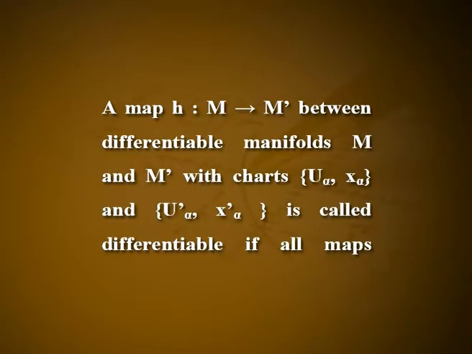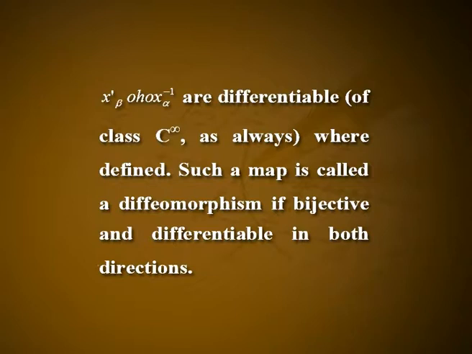Next definition, a map H from M to M' between differentiable manifolds M and M' with charts (U alpha, x alpha) and (U alpha', x alpha') is called differentiable if all maps x beta' composite H composite x alpha inverse are differentiable of class C infinity, as always defined.